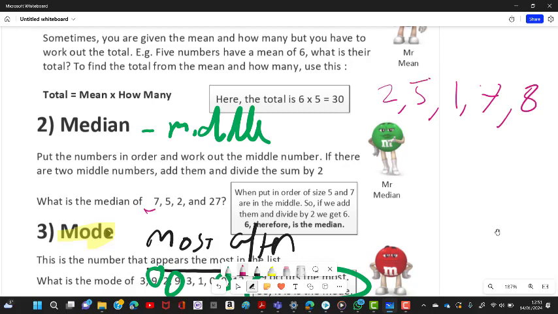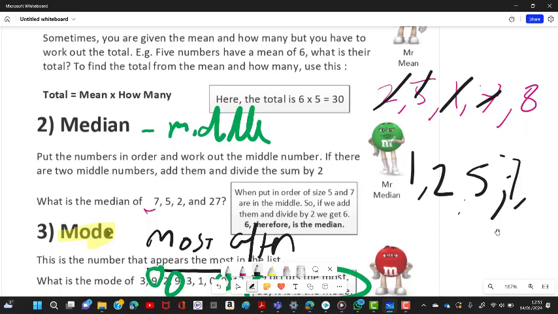First of all, you've got to put it in size order, and the best thing is to cross it out as you go along. So 1, 2, 5, 7, 8. Then to find the middle number, you cross off one from each end. And the number that appears in the middle is 5. So the median is 5, the middle number.